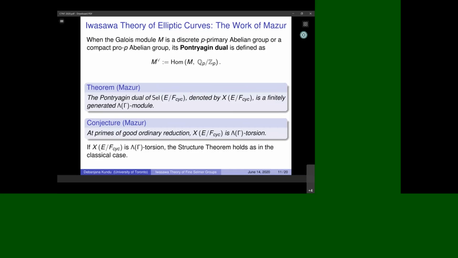But what he very quickly noticed was that this mu invariant could be positive, even for elliptic curves over Q. Even though there's this broad philosophy that Selmer groups and class groups are related, giving you information about each other, and the classical Iwasawa conjecture says mu should be equal to 0, in the case of elliptic curves you had very easy counterexamples.